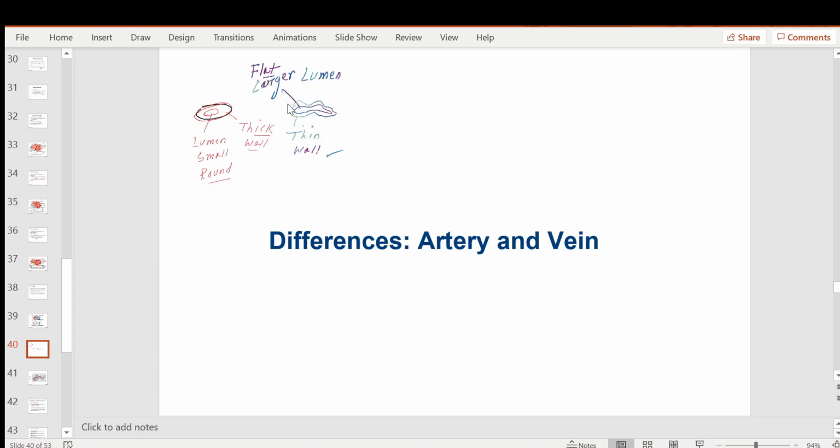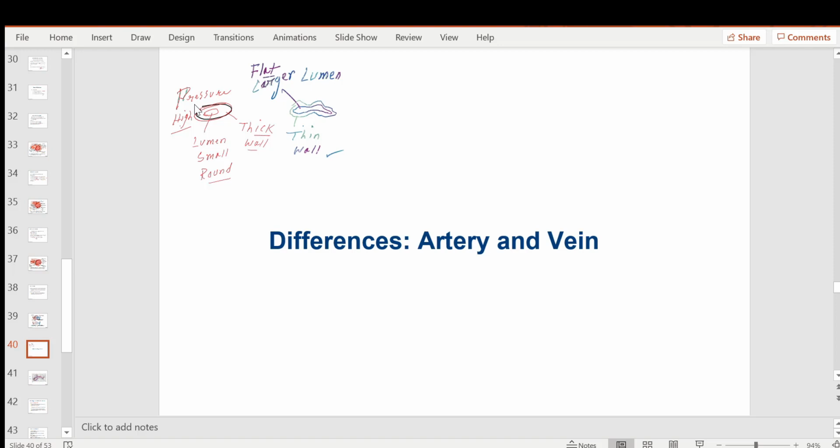The pressure inside the artery is high. Why? Because you know that first from the heart, blood enters into the arterial system, into the arteries. Then through the capillaries, blood enters into the vein. So you know, as the blood goes far away, the pressure goes down.